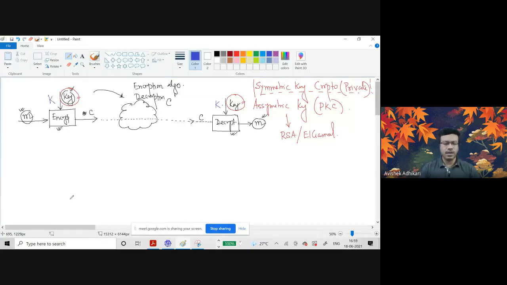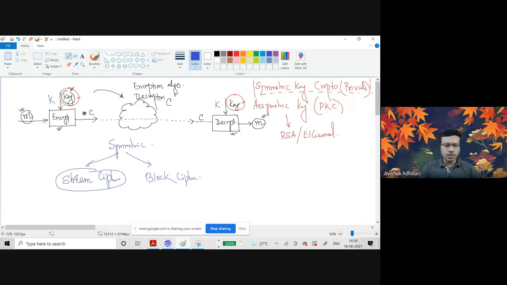Now in case of symmetric key we again have mostly two branches. One is stream cipher, another one is block cipher. In today's class, we shall try to highlight the stream cipher.